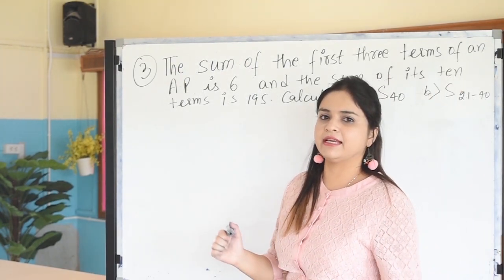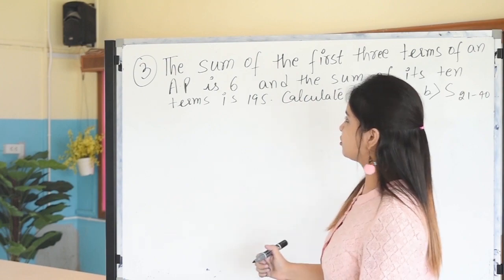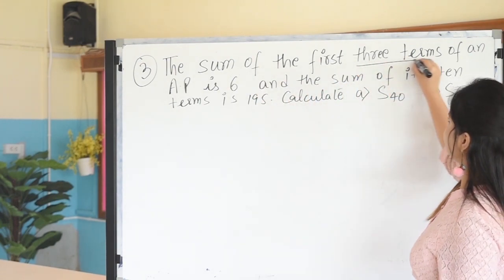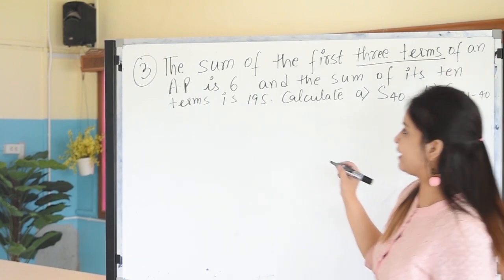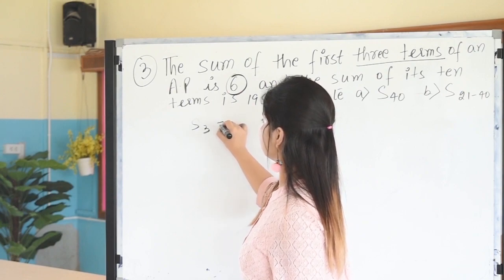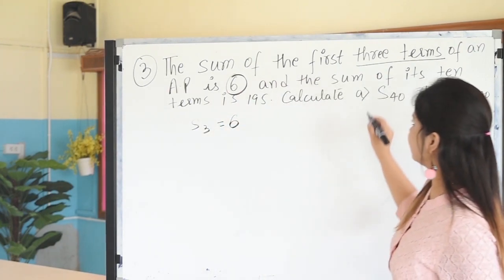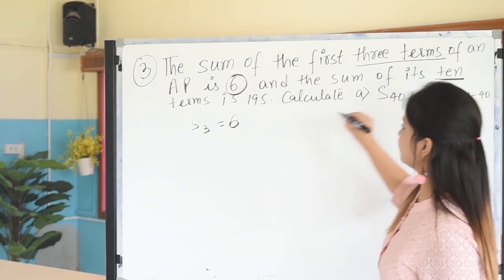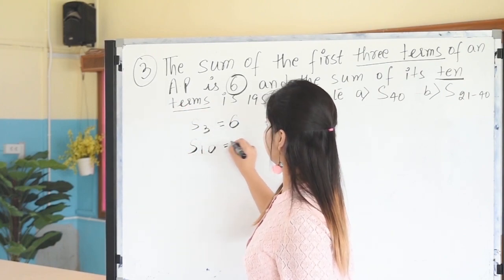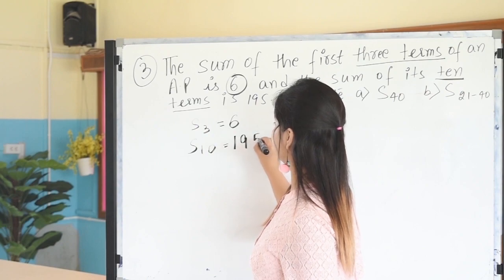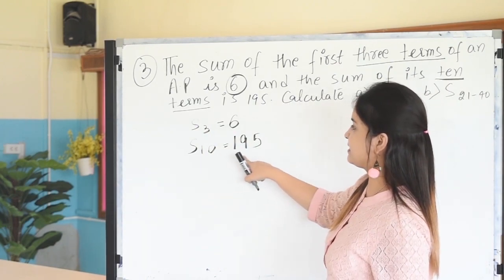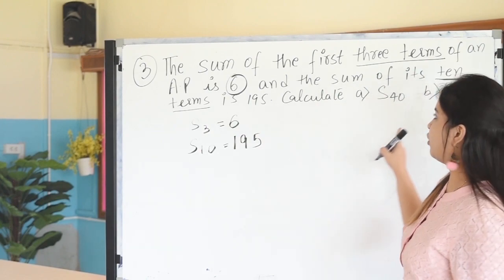Let's look at another example. In this question, the sum of the first 3 terms, that means S3, is 6, and the sum of its first 10 terms, that means S10, is 195. My S3 is 6 and S10 is 195. What is the question?